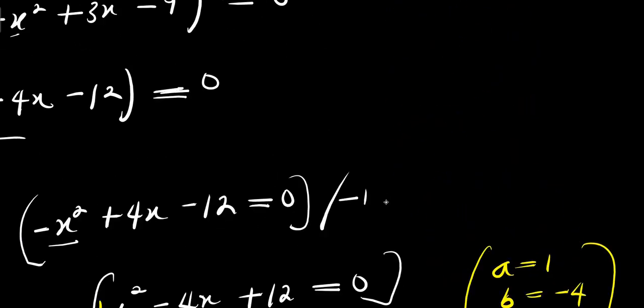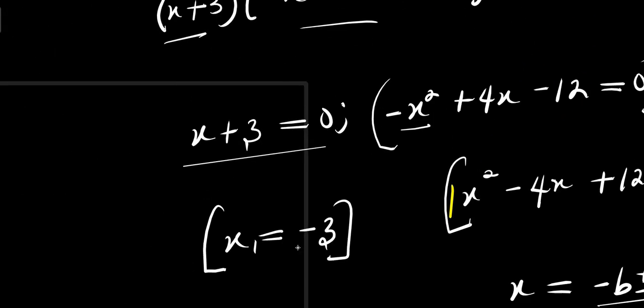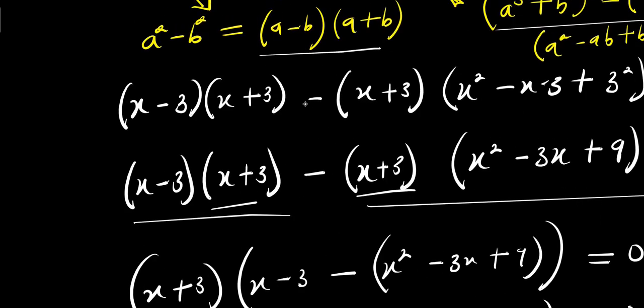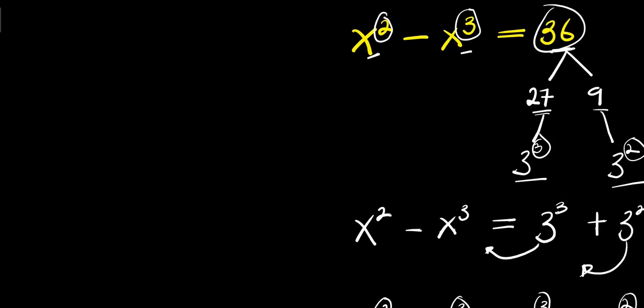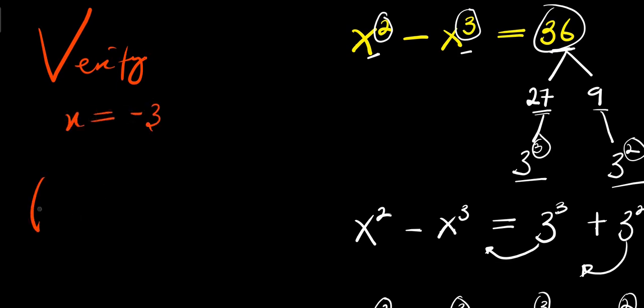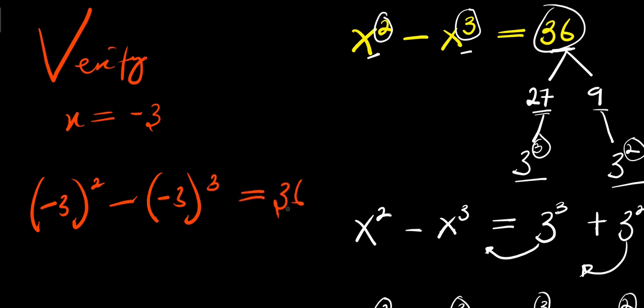We also have one real value for x here, which is negative 3. You can verify using the real value of x equals negative 3. That means we have negative 3 power 2 minus negative 3 power 3 equals 36.